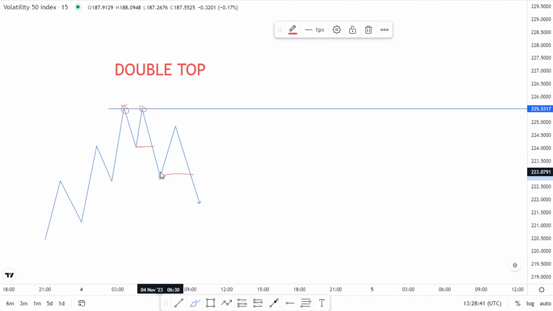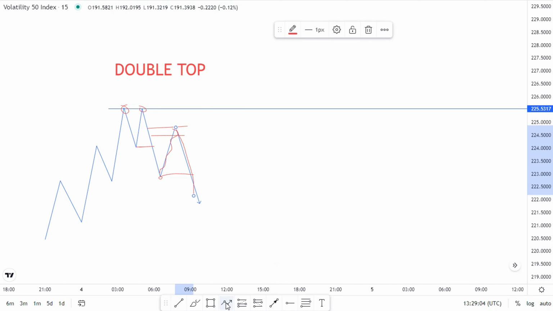After the creation of this low, we expect the market to do some simple pullbacks to the area of the order block. So expect something like this, the market to come and tap these areas of the order block and push on with its current movement with bearish momentum. So that's the first scenario.